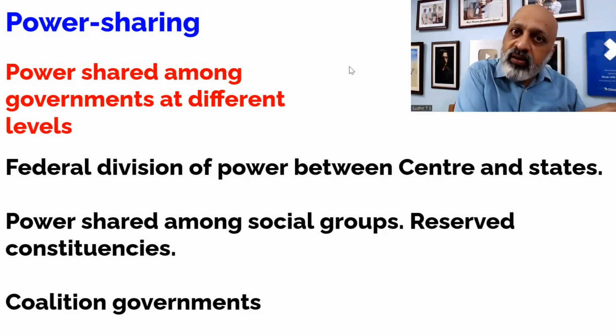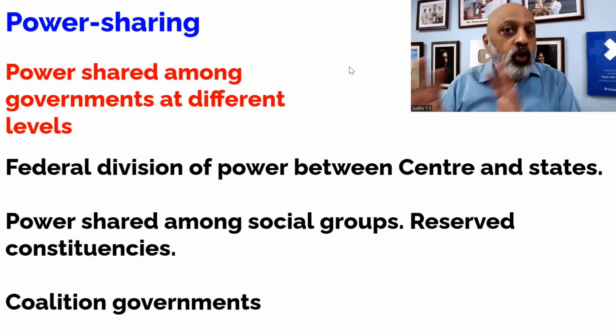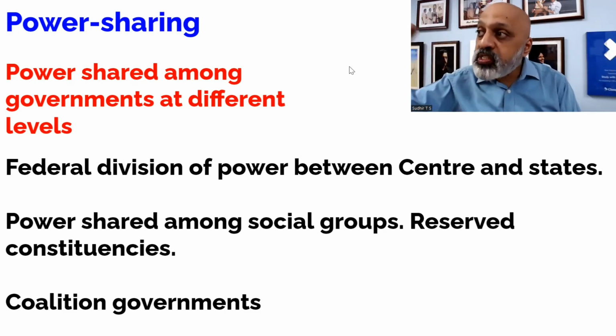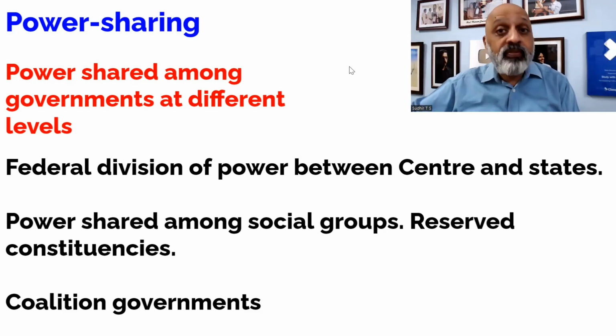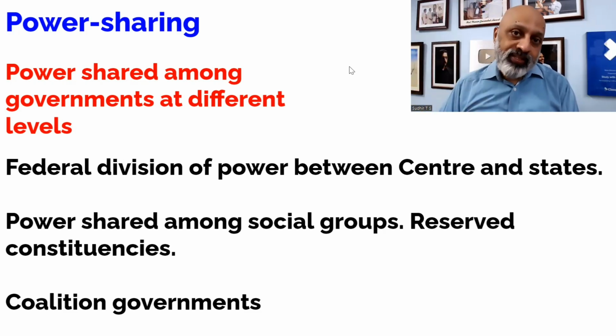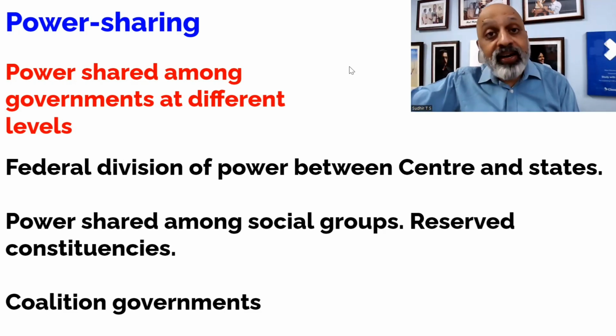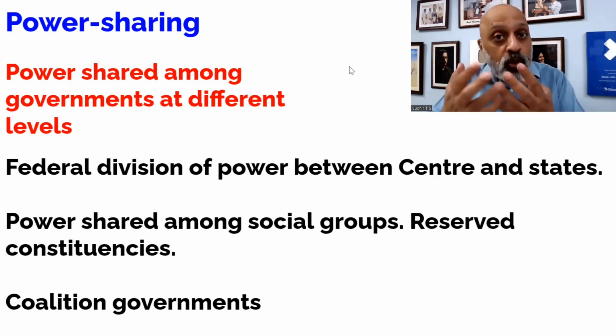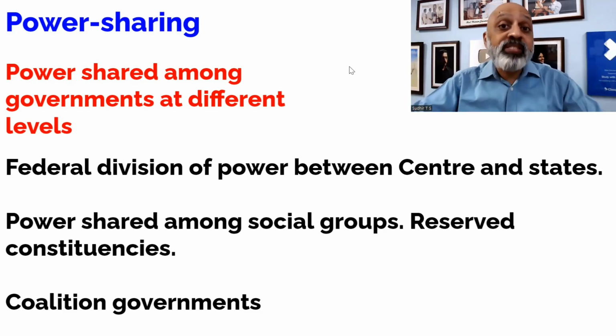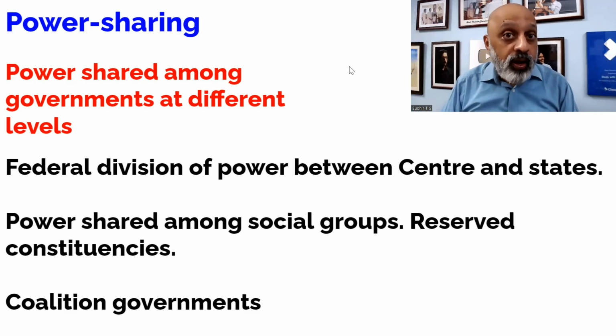Certain constituencies in the country are reserved for SC candidates or ST candidates. That is, this constituency will elect only an SC candidate. My constituency, in fact, at the assembly level, is a reserved constituency for SC. So the candidates will only be SCs and we'll have to elect one among the SC candidates, in order to give representation to different social groups.